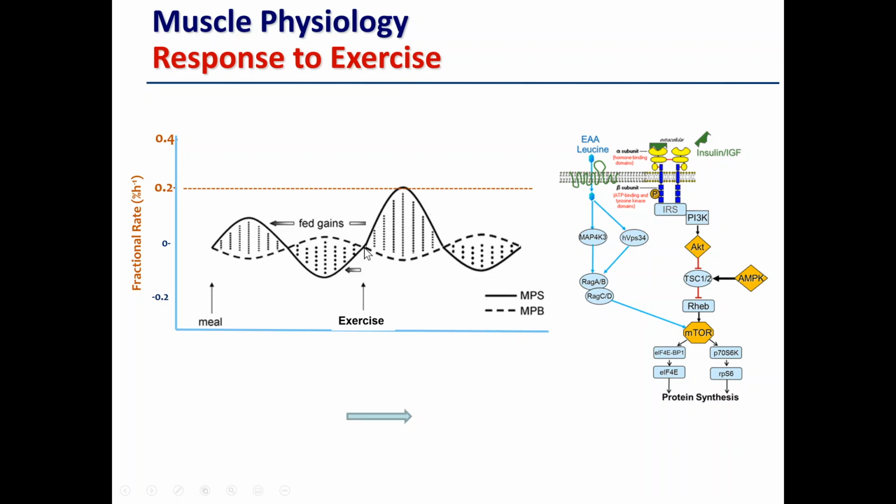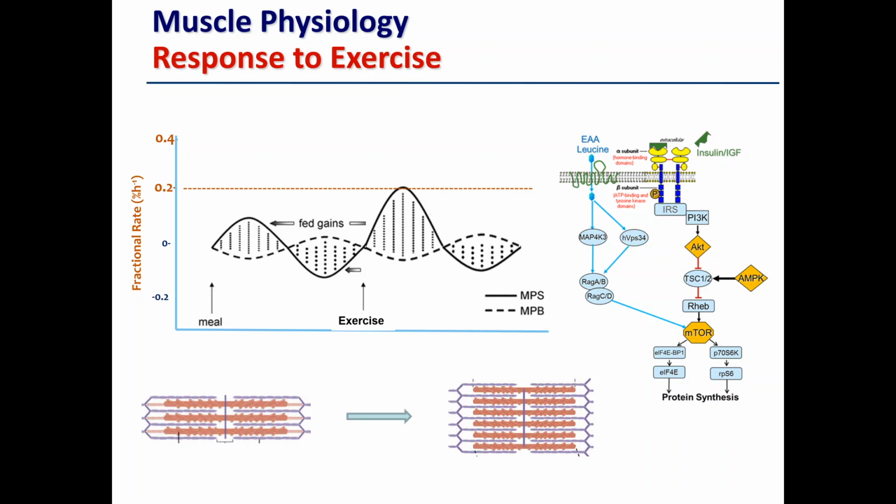And if we introduce exercise with feeding, we get a greater increase in this kind of protein synthesis and adaptation. And by increasing these proteins, effectively we now have more of what we need to perform either our weightlifting exercise or our run or our sprint or our cycling or whatever it might be. And that's how the muscle adapts over time.